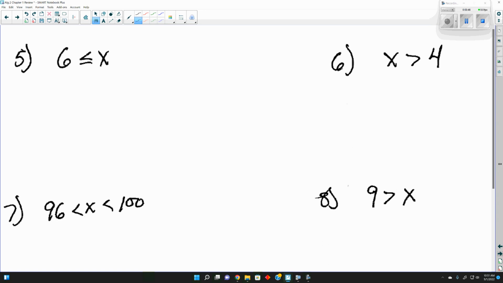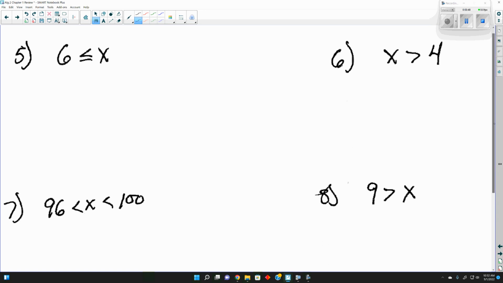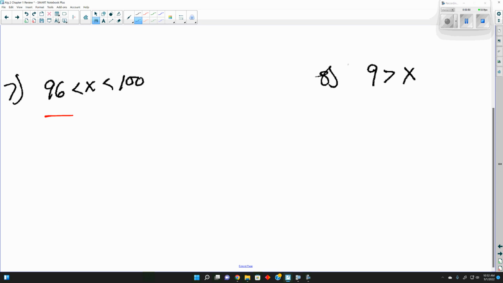I have number 7. Now with this one, if we wanted to graph it to visually see what this looks like, we have 2 numbers. One of them is 96 and the other is 100. On our 2 circles, both of these would be open because neither one of them is equal to. And then we would shade in the middle.